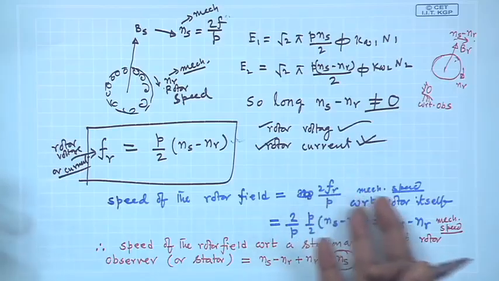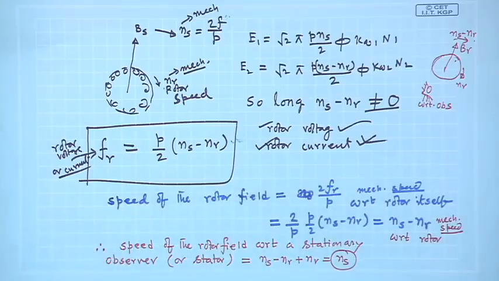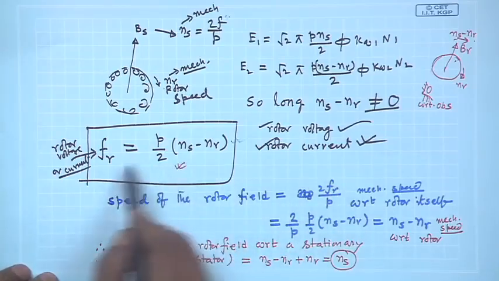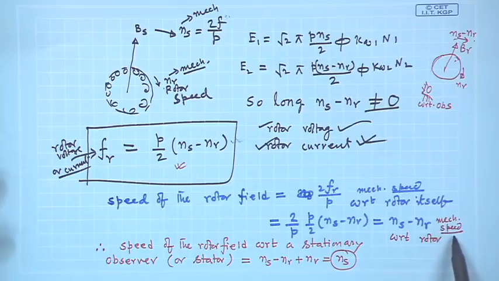So, 2 Fr by P with respect to the rotor itself, and then you put the value of Fr, which I have already calculated, it comes out to be Ns minus Nr, the mechanical relative speed.